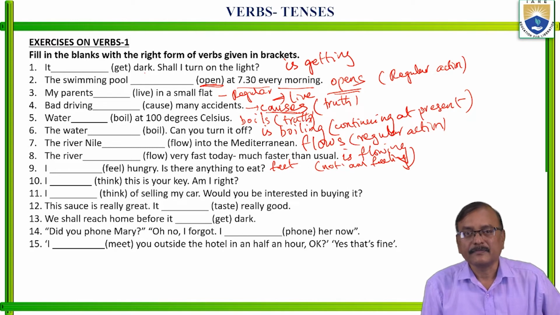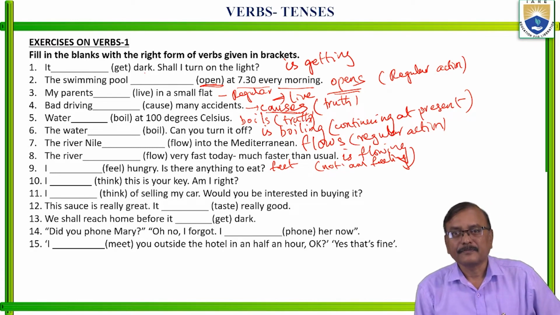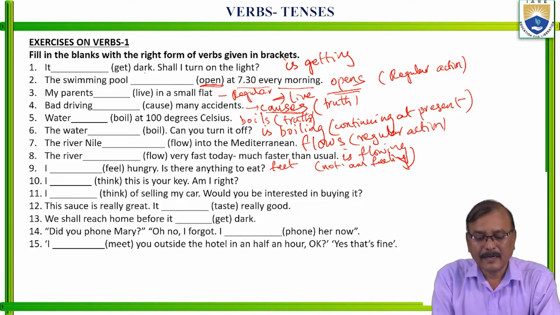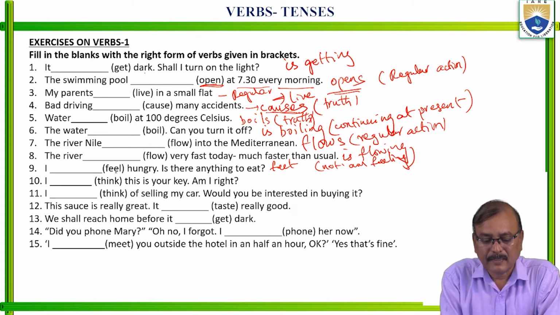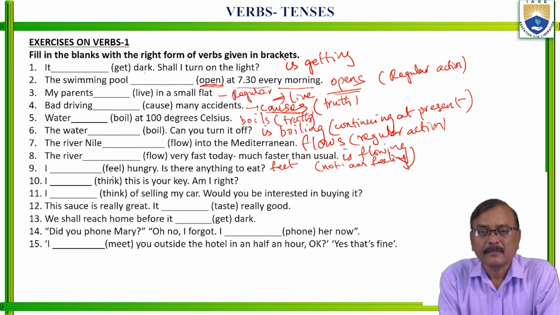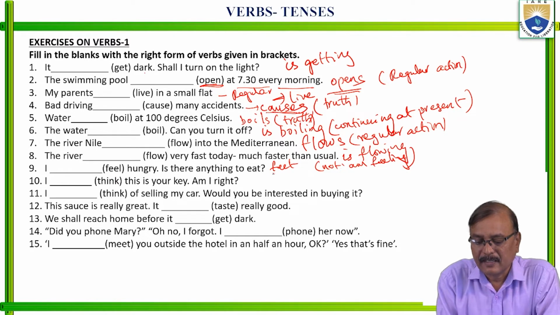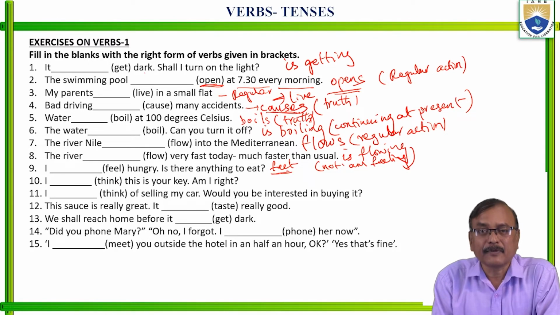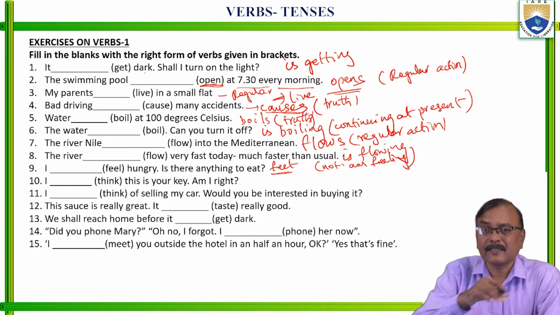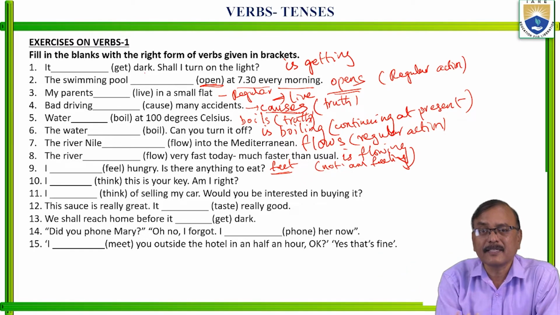Is it clear? That's it. Here no action is observed. That's why it is called a stative verb or non-progressive verb. In which the progress of the action is observed, you can use it in continuous tense.